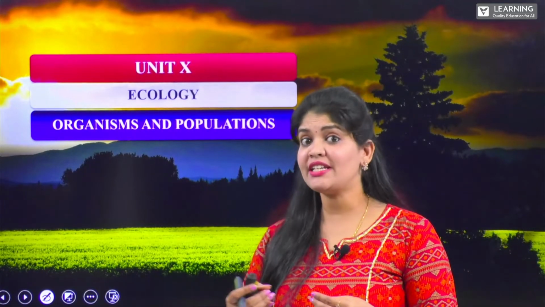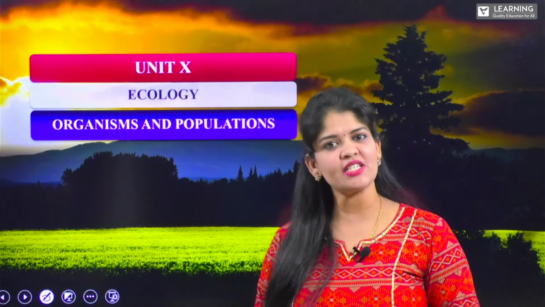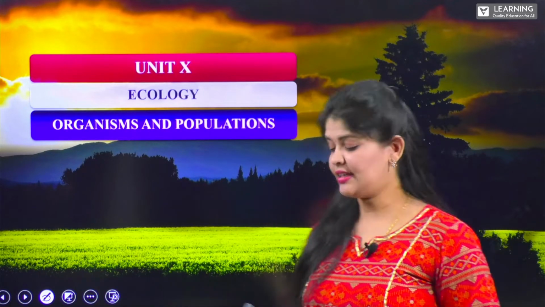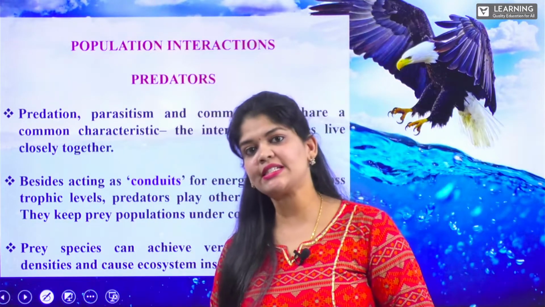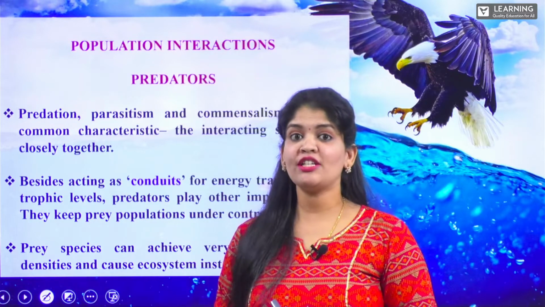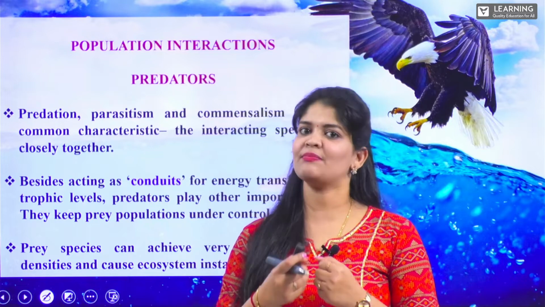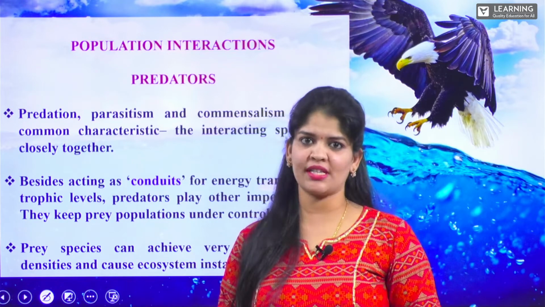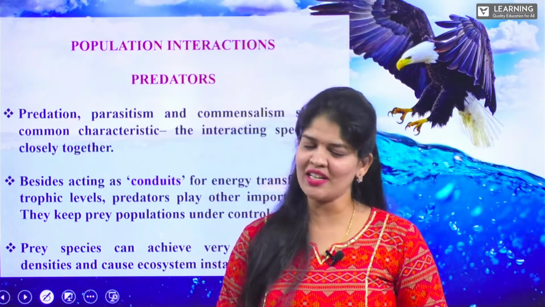So, we have been discussing the chapter Organisms and Populations, which comes under the unit Ecology, in continuation of the previous session on population interactions. We know that population interactions are very important because each and every organism has to maintain its association with both biotic as well as abiotic factors of an ecosystem.